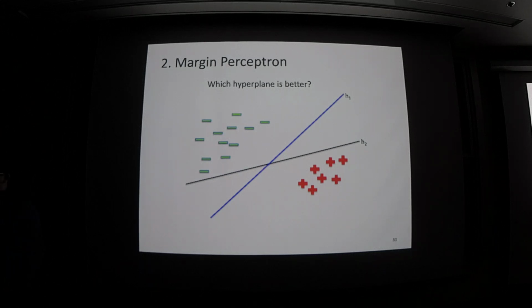Why is that one better? Margin. Why is a greater margin better? Less error. Less bound for error. Yeah, it does have some bound for error. But what is the intuition? It's better for noise in the data set, less sensitive. As your margin gets smaller, your probability of misclassification gets larger.